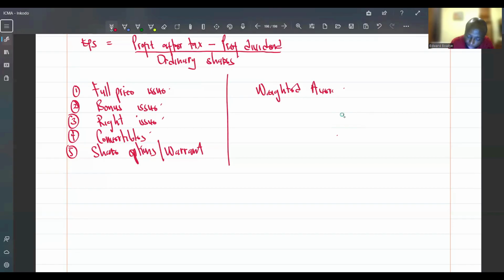Weighted average shares. So let's have a scenario to deal with weighted average shares. Okay, so there's a scenario here. IAS 33.